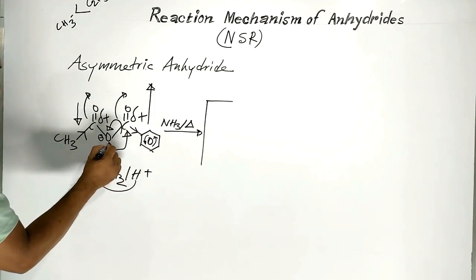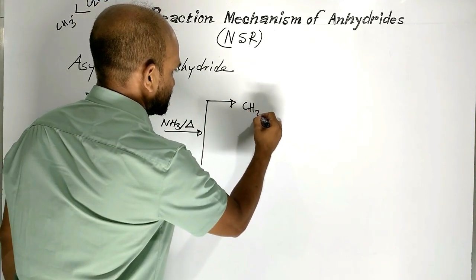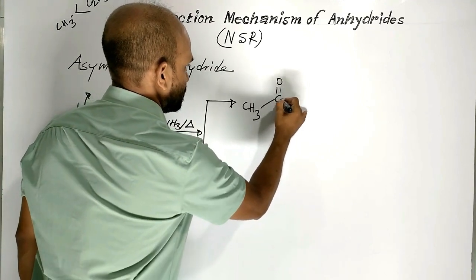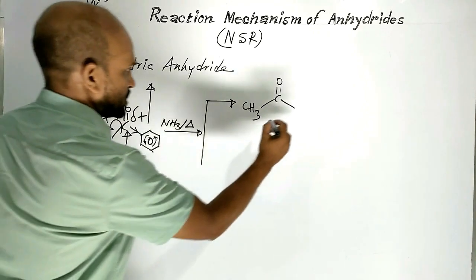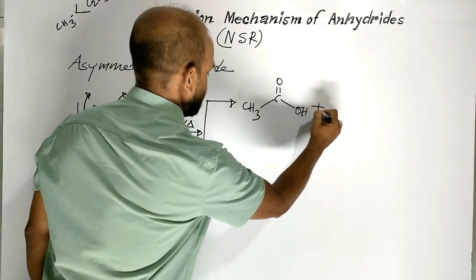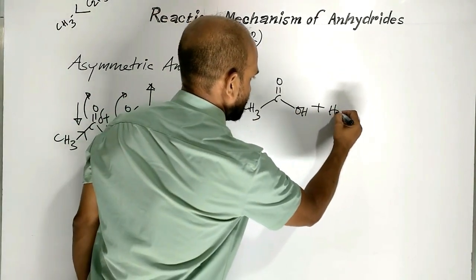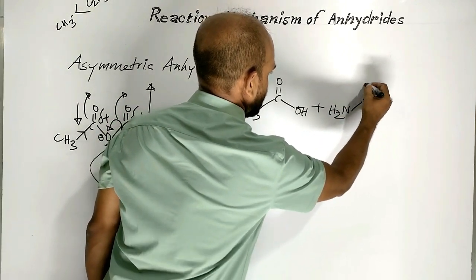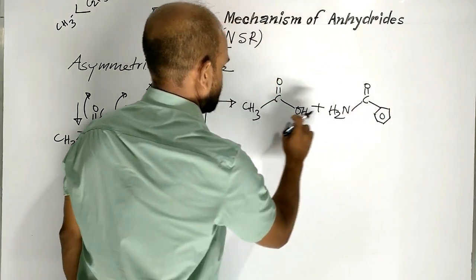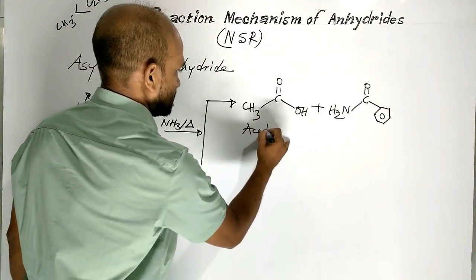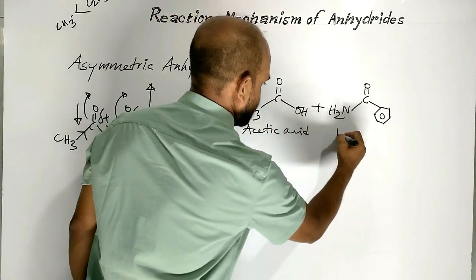Proton will combine with this oxygen. As a result, these compounds are formed: CH3CO with oxygen hydrogen, and here with this carbon, H2N, CO, phenyl group. This is acetic acid and this is benzamide.